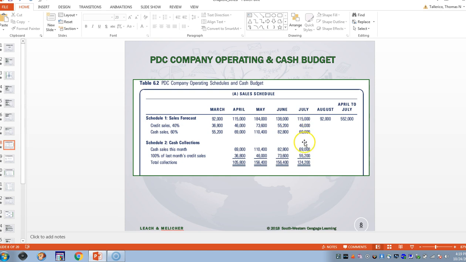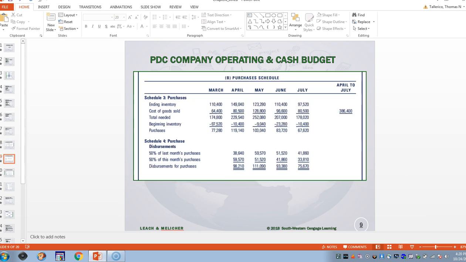So we always bring the cash sales down from that month, but we bring the credit sales a month later. And here's our total collection, which is the cash for that month plus the credit from last month. So all we're going to do is add these two numbers up, and we get the cash collection based on a one month delay in the credit sales.